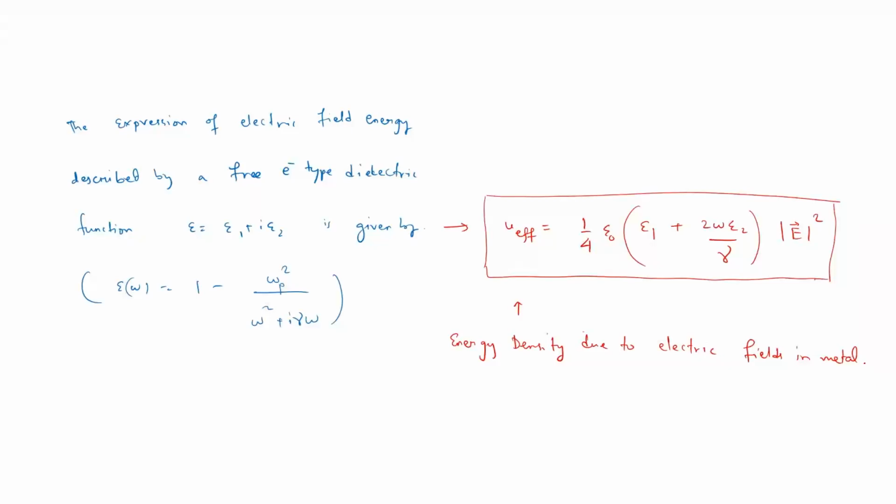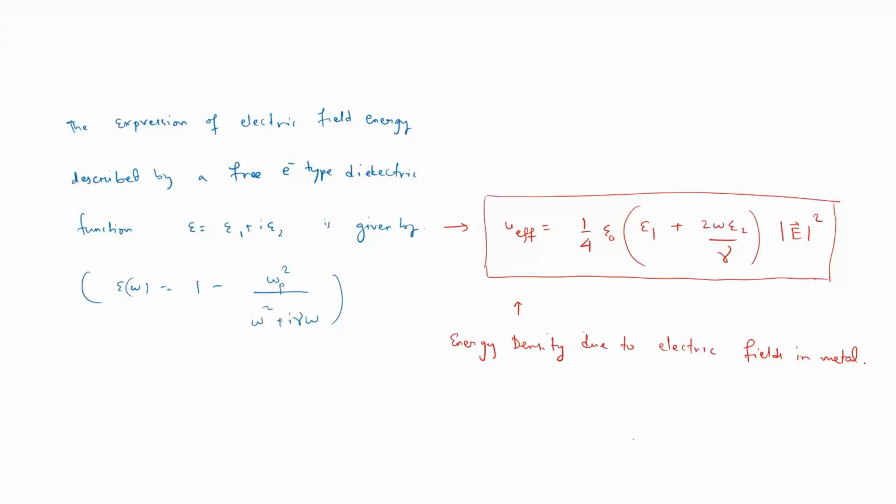Then we saw the physical significance of omega p by considering a slab, displacing the whole of the electrons collectively, and saw that it corresponds to the k equal to 0 limit. Then we described the energy density due to the electric field inside the metal, and came up with this expression.